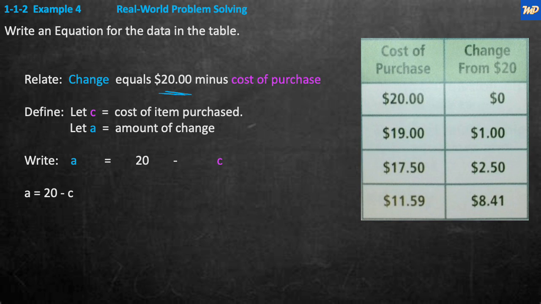So the equation is A equals 20 minus C. But now the tender, what you gave the clerk, can vary too. There could be another variable for that, G for given: G minus the cost equals the change. So you can start doing more and more with this. Anyway, that's what this is.